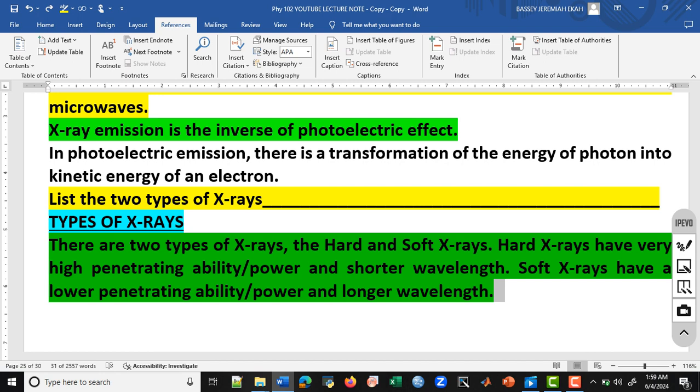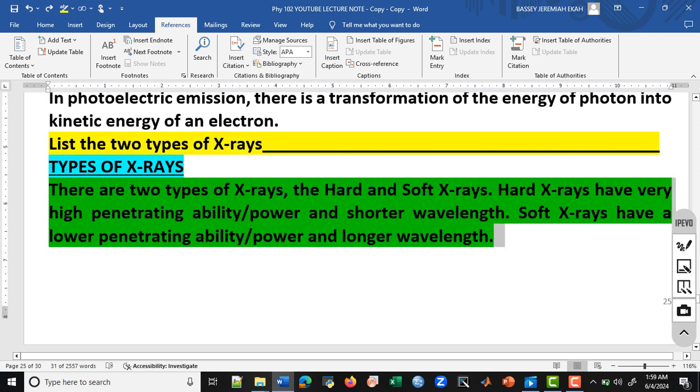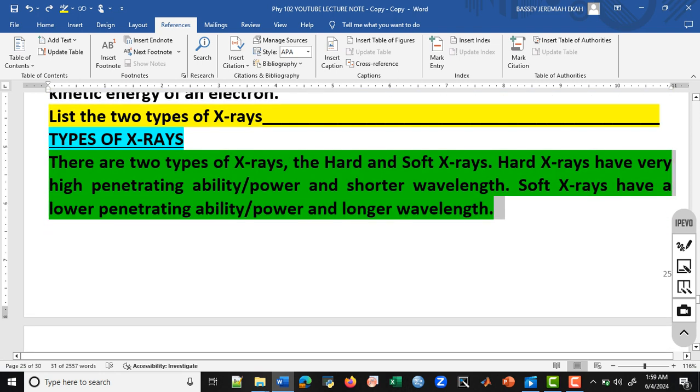There are two types of X-rays, the hard and the soft X-rays. Hard X-rays have very high penetrating ability and power. So when we say X-ray is hard, it means it has a higher penetrating ability and power and a shorter wavelength. So radiation with short wavelength has a higher penetrating power as well.